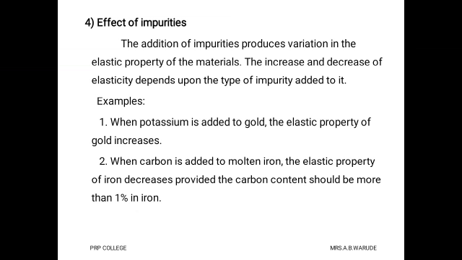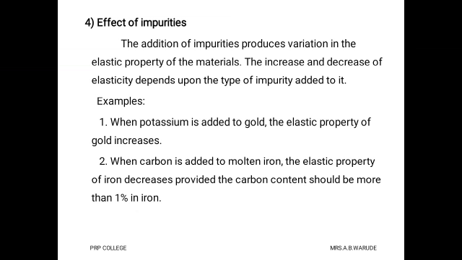The next point is the effect of impurities. When we add any impurity to the material, it produces variation in the elastic property of the material. Sometimes elasticity increases or decreases depending upon the type of impurity added. That means it is not certain that when an impurity is added, elasticity increases or decreases; it depends on the type of impurity.